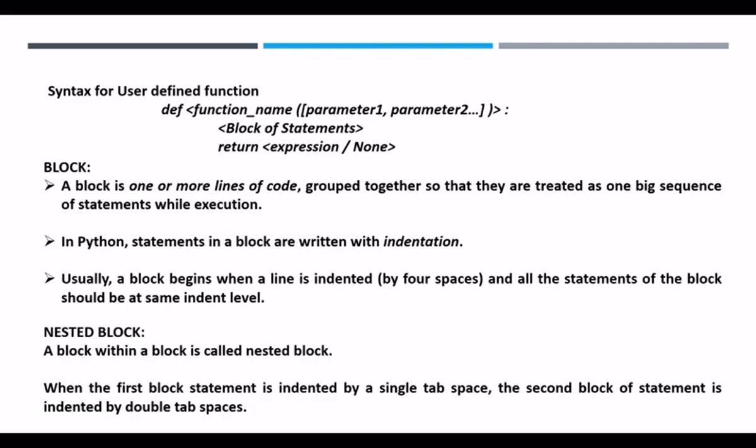When the first block of statements is indented by a single tab space, the second block of statements is indented by double tab space. This is very important. That is, when we give nested blocks, the first block will be indented by a single tab space, but when we have a nested block, that means the additional block, that should be indented by double tab space.